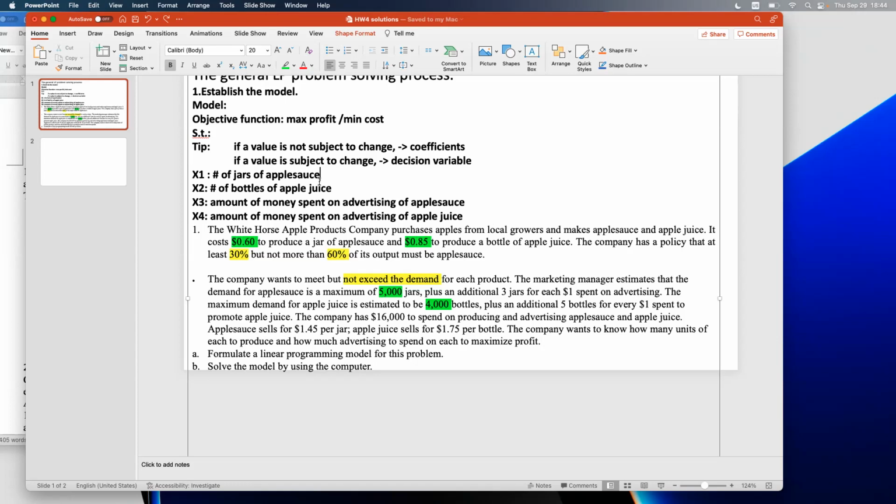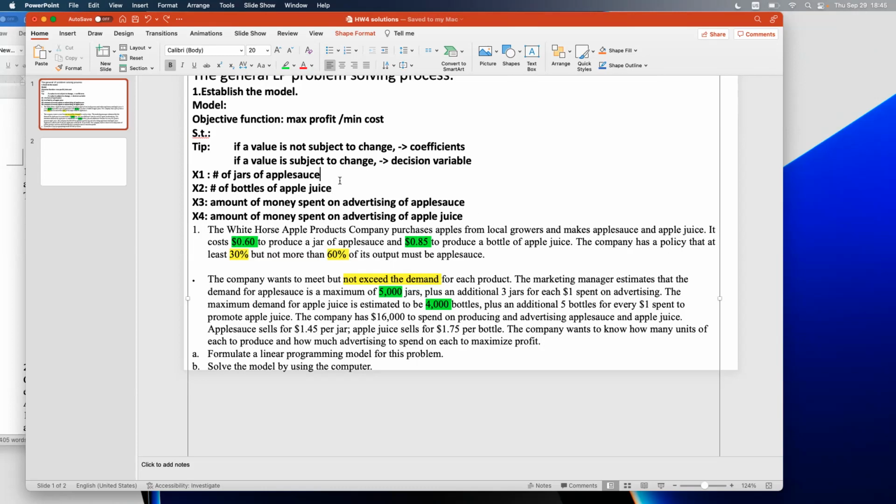The first is the number of jars of applesauce, and second, the quantity of apple juice. Third, the money spent on advertising of applesauce, and the last decision variable is the money spent on advertising of apple juice.